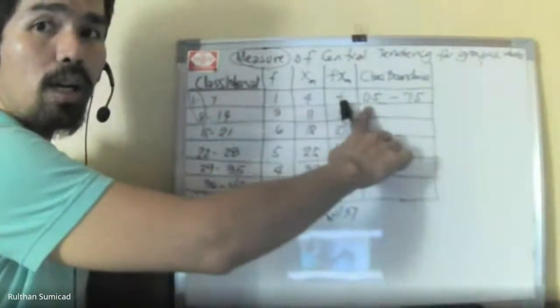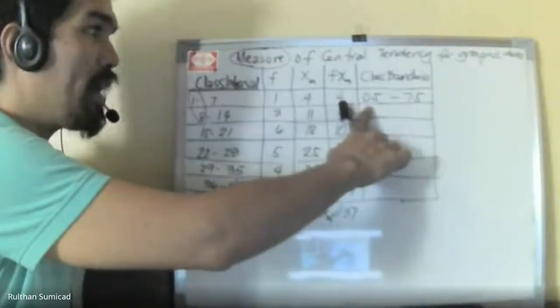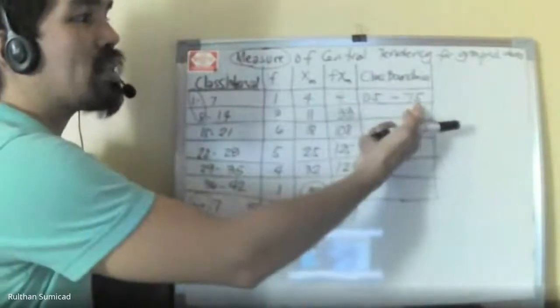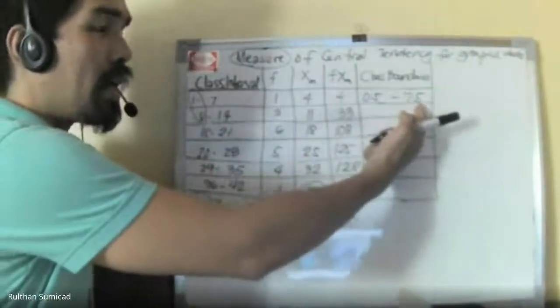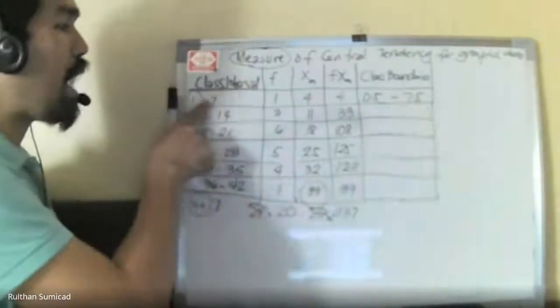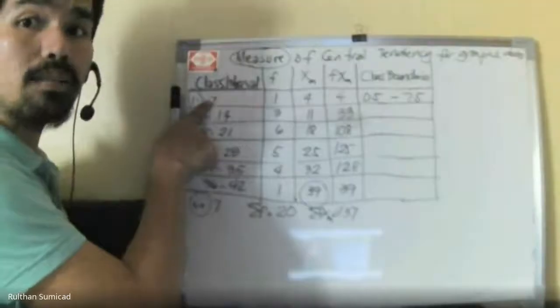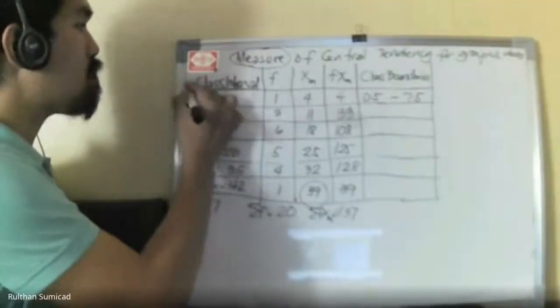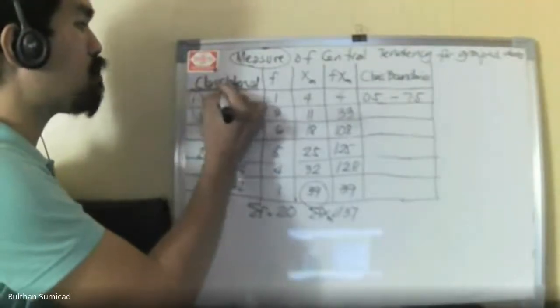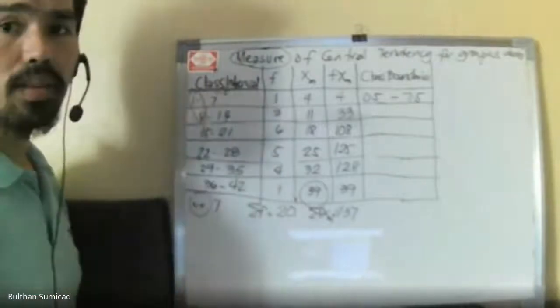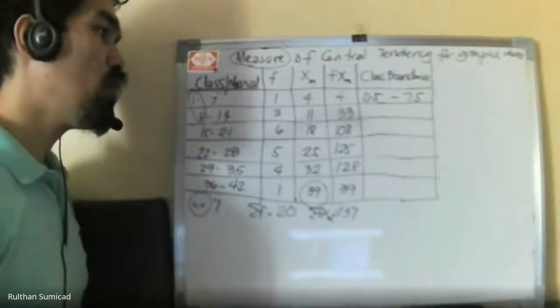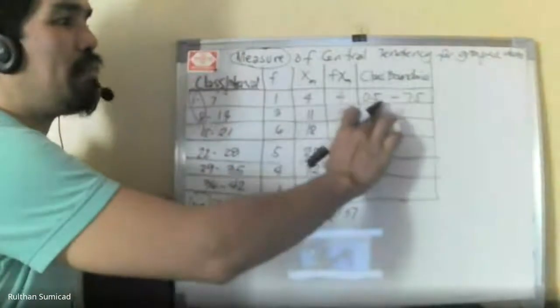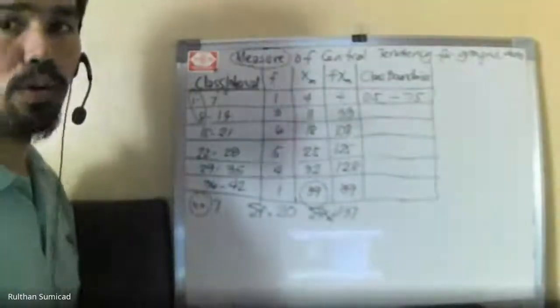That's why you have 1 minus 0.5, you have lower boundary of 0.5. And then to get the upper boundary of this interval, the upper boundary is simply the upper limit of that interval plus 0.5. So this is minus 0.5 here. This is plus 0.5. Okay, that's what you're going to do.